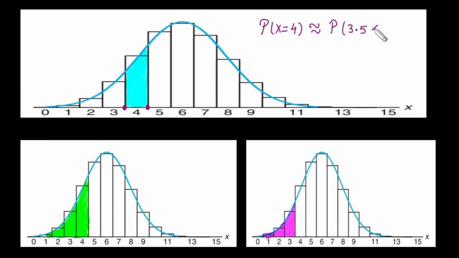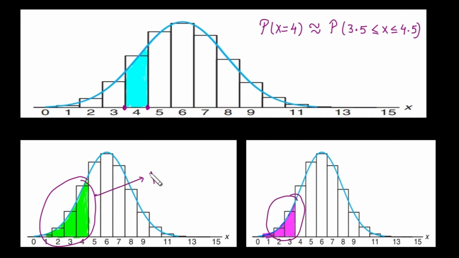So when x lies between 3.5 to 4.5, we are calculating the area under this curve. This area can be calculated as this area minus this area.